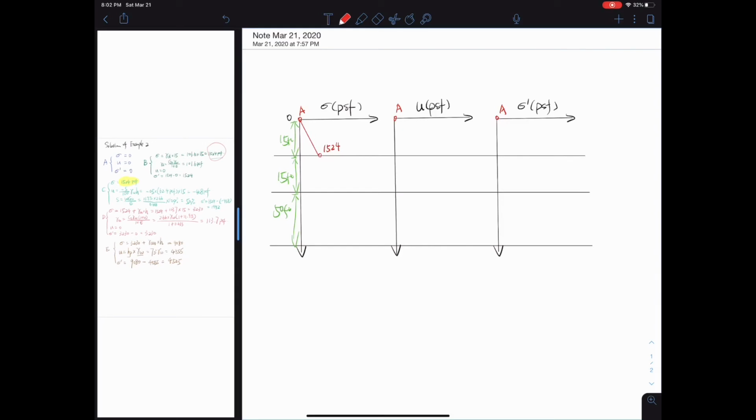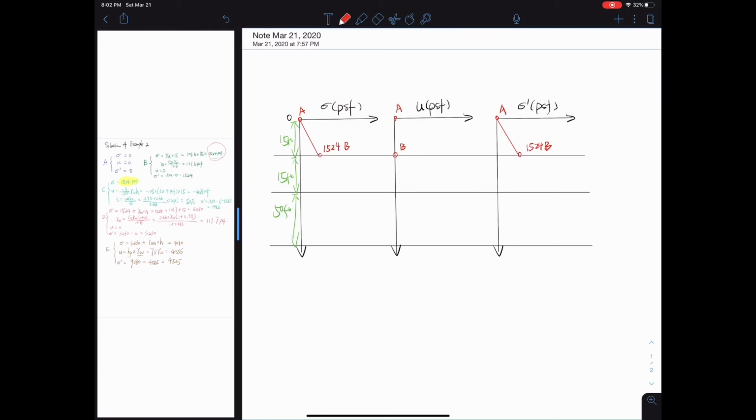This is the line. The pore water pressure of point B is 0 here again. And then the effective stress of point B is the same as the total stress of point B, 1524.